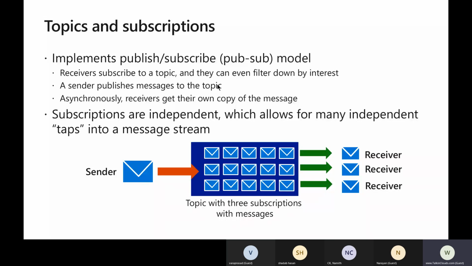Or you can say that a sender is dropping multiple kinds of data. Let's suppose the example of Swiggy or any food vendor. People are placing orders for ice cream, food, lunch or dinner, so they are putting different kinds of things.